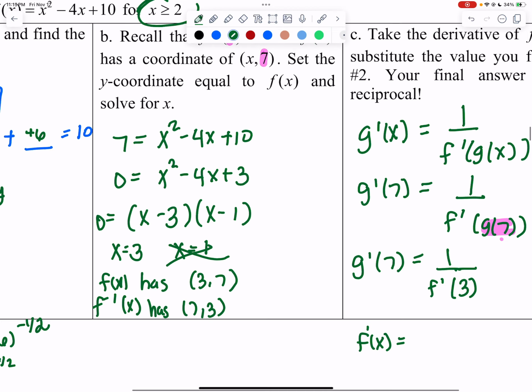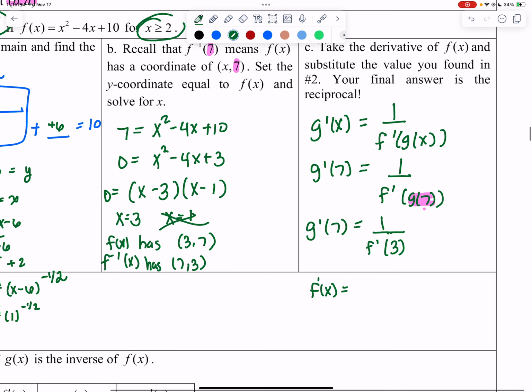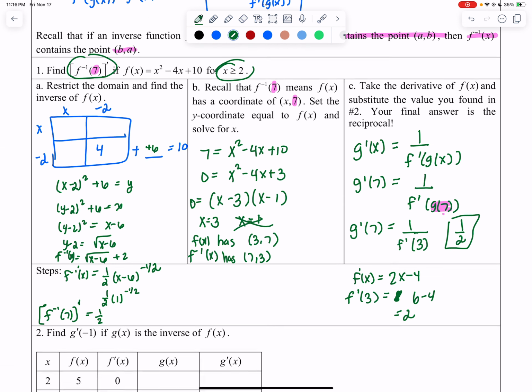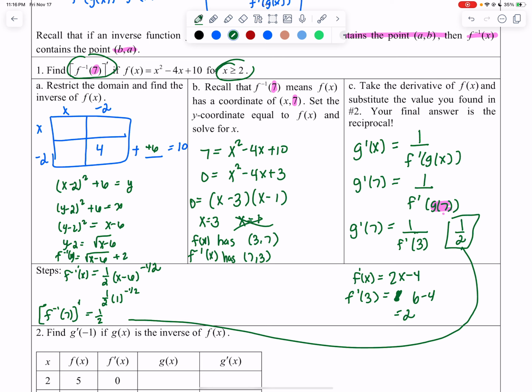And that derivative here is going to be 2x minus 4. Then we find f prime of 3. Oops, not 6 minus 4, 2. So if f prime of 3 is 2, then g prime of 7 is equal to 1 over 2, which we had earlier.